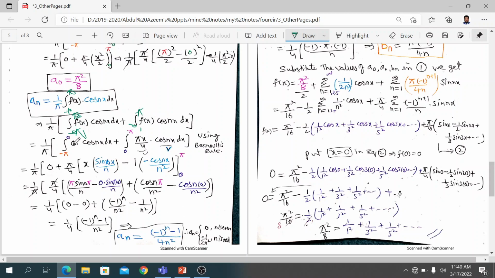So minus pi to 0 of f of x, which is 0, times cos nx, and 0 to pi of f of x, which is pi x by 4, times cos nx dx.